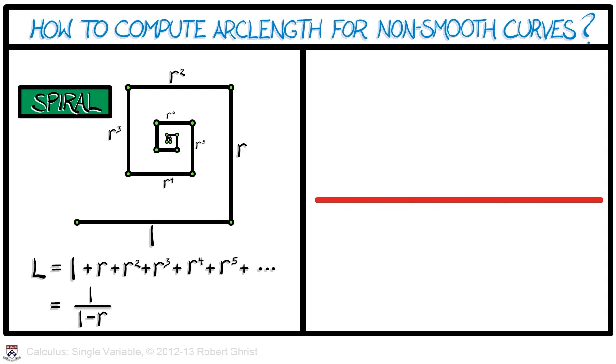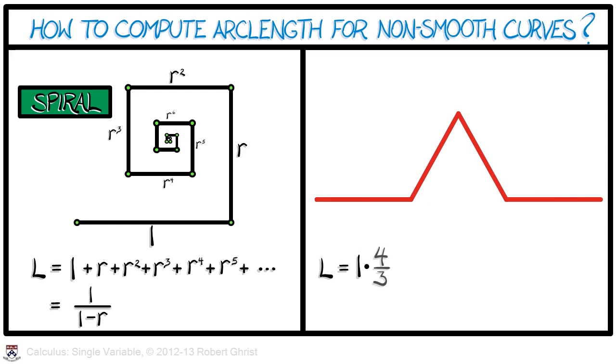Let's say we took a line segment and removed the middle third and replaced it with 2 line segments, each with length 1/3. Then we would have a new curve whose length is 4/3.